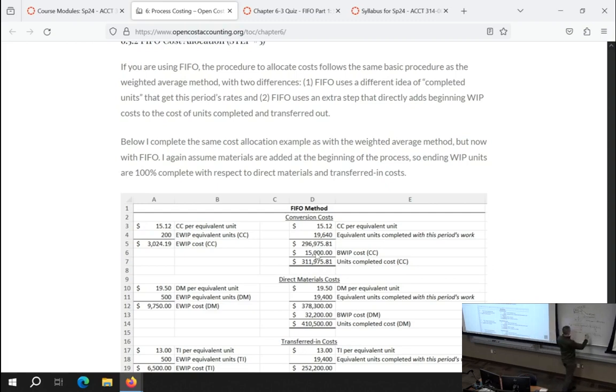So that is our new units completed, which is with this period's work. And that's when beginning WIP, from the top rung, comes back in orbit. How's that for a mixed metaphor? Then we add in our beginning WIP costs at the very end there. And together they make our cost of units completed.